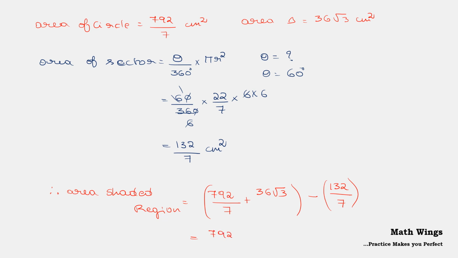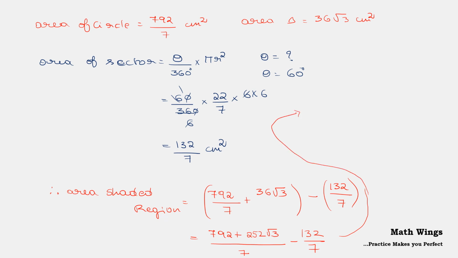792 plus 252 root 3 divided by 7 minus 132 divided by 7. So I'll just continue this here.